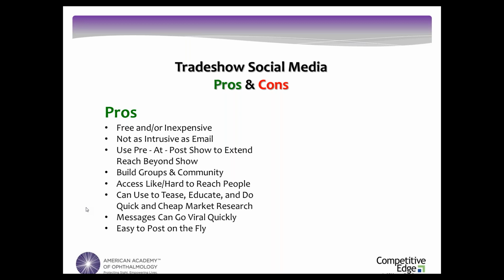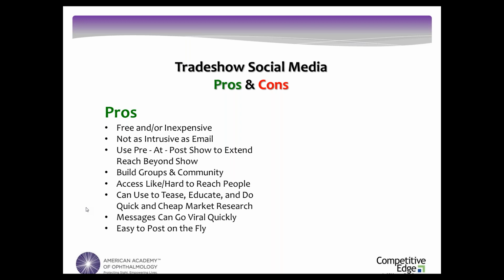It gives you the ability when you use it pre, at, and post to really not just touch the people that are in the show or attending the show, but reach the whole universe, anybody who's paying attention to the event and anybody who's paying attention to the channel. It gives you access to like people and also hard to reach people. Your messages have the ability to go viral very quickly.